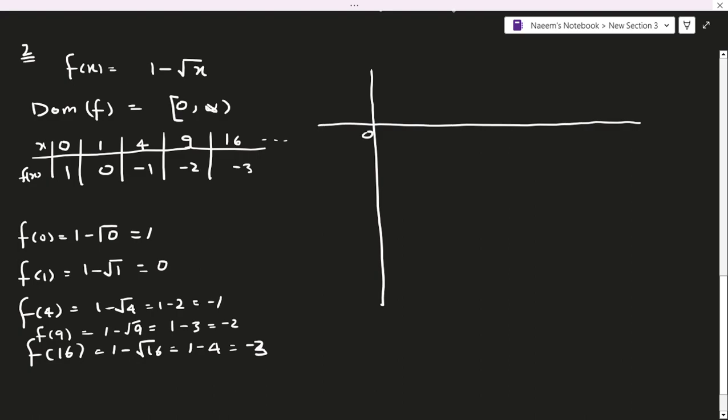X is 0, x minus 1, 2, 0, minus 1, minus 2, minus 3, minus 4, and so on.